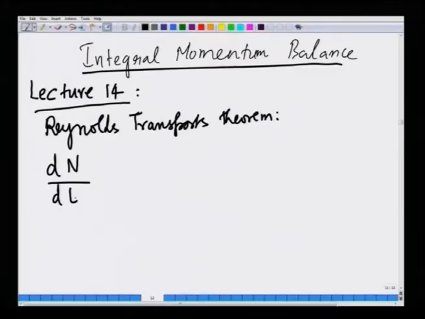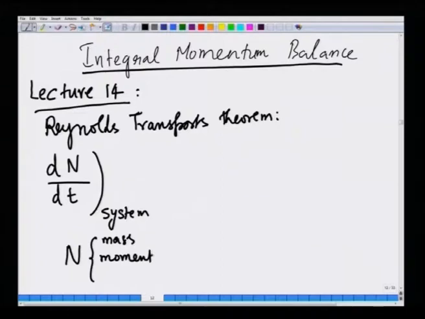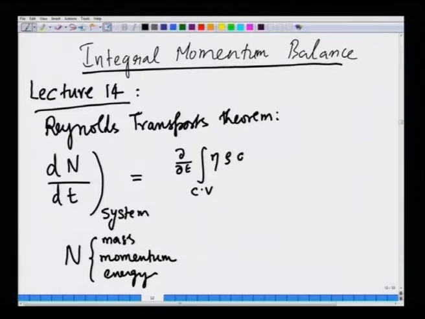Okay. So, let me first write down the Reynolds transport theorem. So, the rate of change of a quantity like mass, momentum or energy for a system, where capital N can be any one of the three, mass, momentum or energy, okay, is equal to the time rate of change of the same quantity over CV, where we will use this notation where eta is n, the quantity per unit mass.